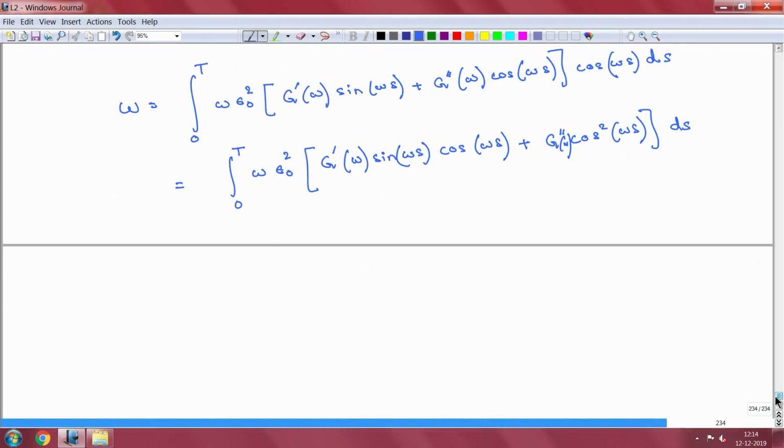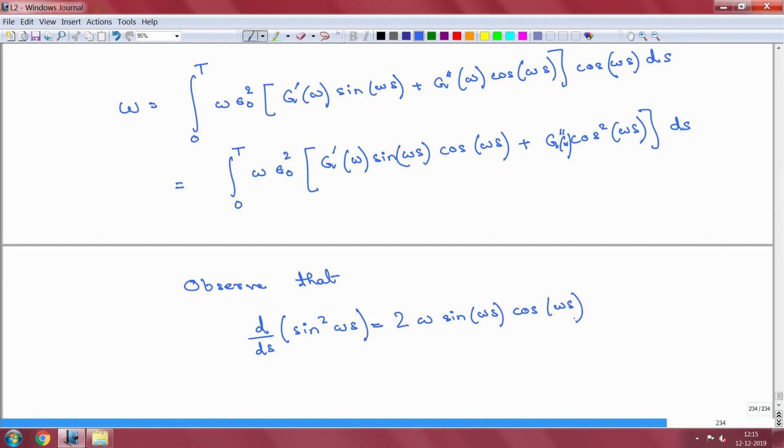But let us go through this set of calculations. Now, observe that the d/ds of sine square omega s is actually given as 2 omega sine omega s cosine omega s. This inspires us to replace this particular term with this derivative term.